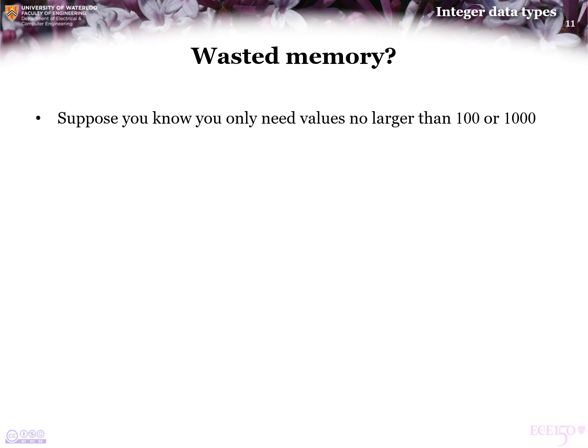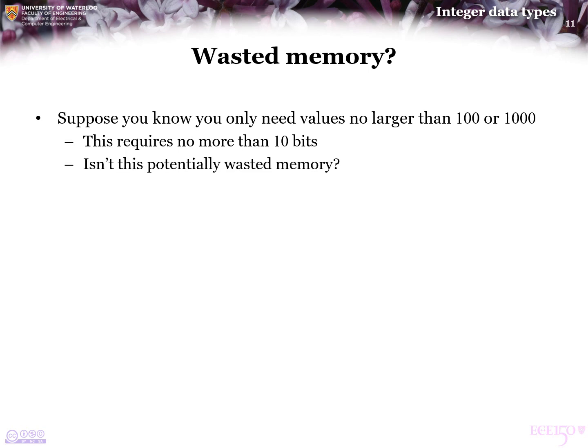Now, suppose we have a system where we know in our program we're never going to need values larger than, say, 100 or 1000. This would require no more than 10 bits. So if we use a full int, isn't that going to potentially waste some memory?